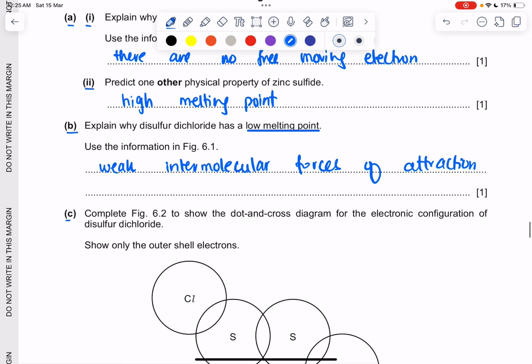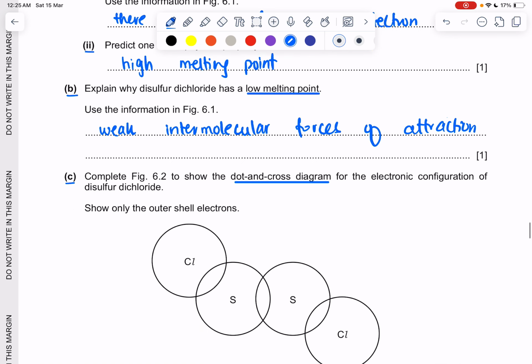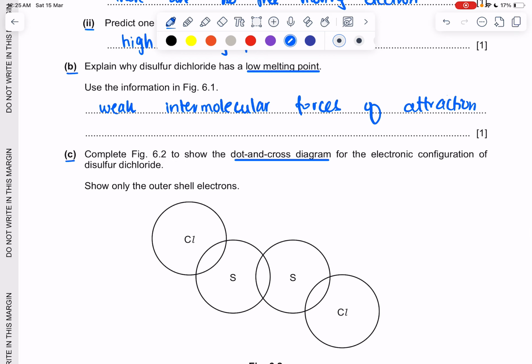Okay, next part C. Complete the figure 6.2 to show the dot and cross diagram for the electronic configuration of disulfur dichloride. So first we will take the values from the periodic table. Atomic number of sulfur is 16, which means 2, 8, 6. So there are 6 electrons in the outermost shell.